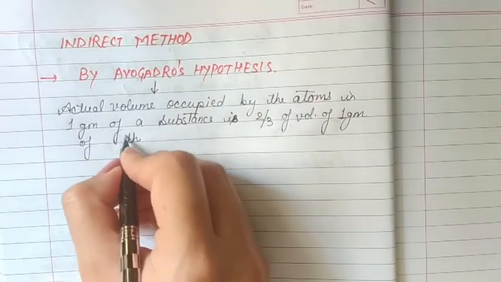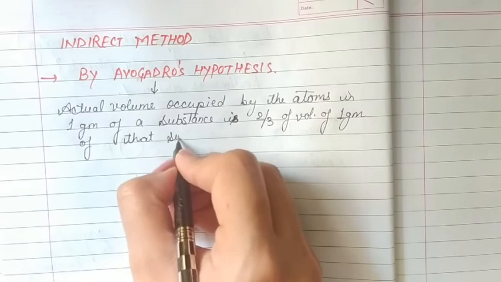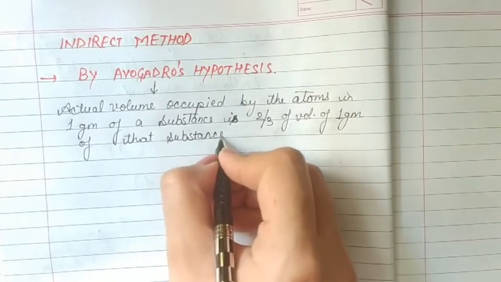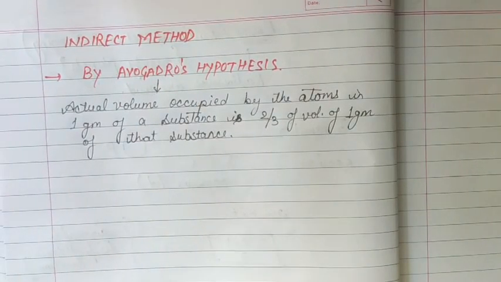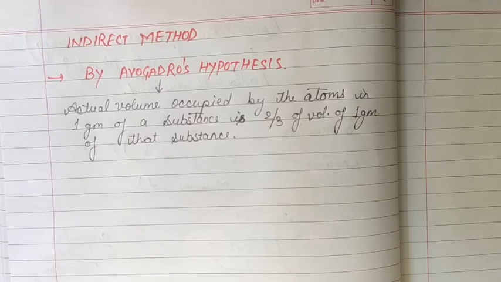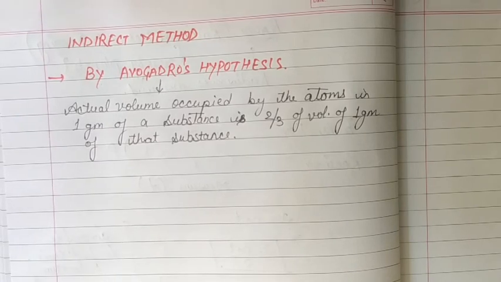So the actual volume occupied by atoms is 2/3 of the volume of 1 gram of the substance.